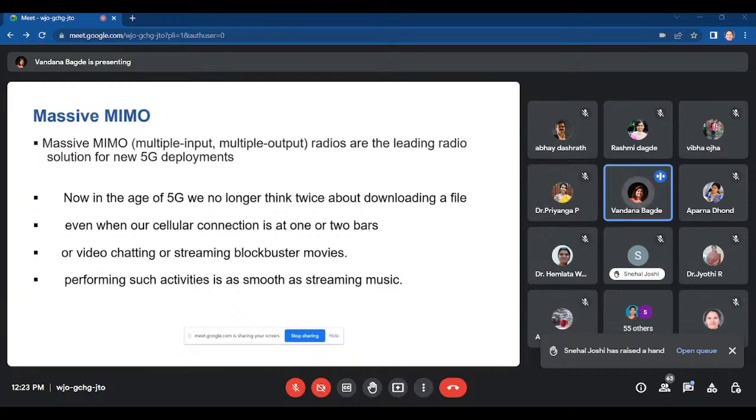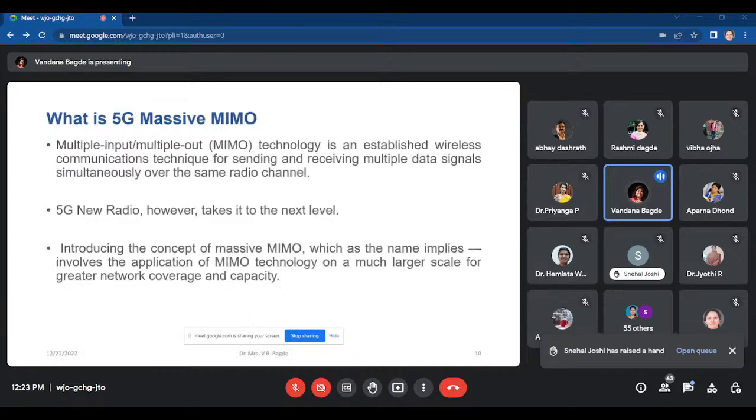And deploying a number of antennas, we are using a 5G new radio. So this 5G new radio can take wireless communication to the next level, which we cannot think of. If somebody had given this idea 20 years ago, that every person will be holding a mobile device, it would have been considered a rubbish idea.